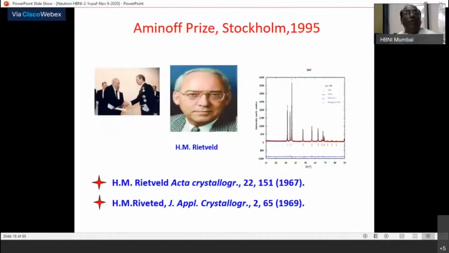And now the rest, just to give you the temptation, my colleague will talk. Once you have got the magnetic diffraction pattern by doing neutron diffraction, what do you do with that?